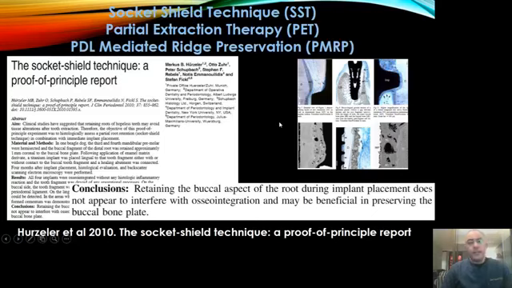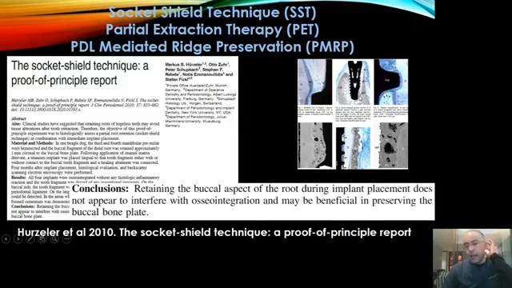In 2010, the first to report the technique were Hürzeler and Zuhr, from Munich, Germany, as a proof of principle. They did a very nice animal study, using the Endogain in this case, to study the possibility of a successful implant placement palatal to the buccal shield.